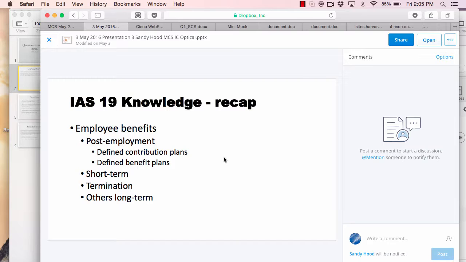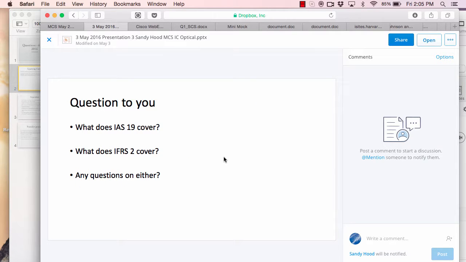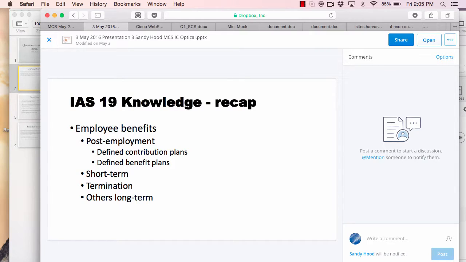So, IAS 19, IFRS 12, IFRS 2, right? These are the two key areas that you guys have covered. So can you tell me about IAS 19? Right. Anyone else?